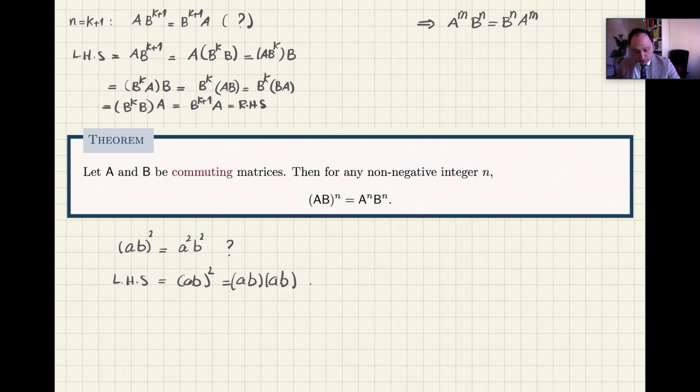At first, I use associativity to put a pair of brackets around the middle pair, and then in the middle pair I would write ab, because there is no difference between ba and ab if a and b are numbers, and then you can use associativity, put a pair of brackets around the first pair, put a pair of brackets around the second one, and then of course a times a is nothing except a squared, and the second one is b squared.